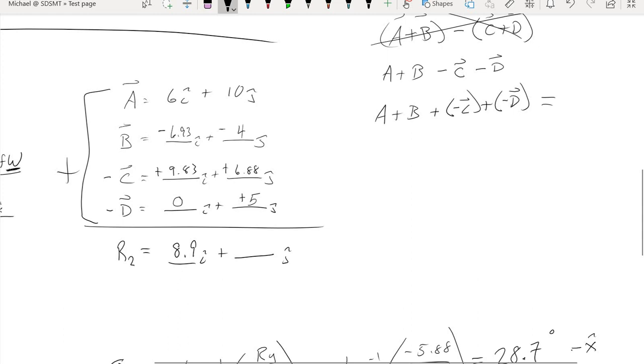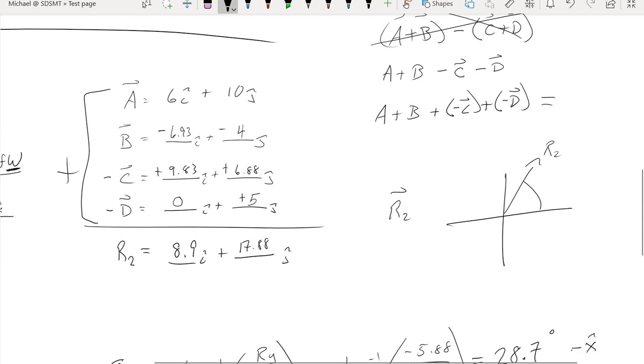And then we'll go down the y column, adding the components as they are. 10 plus negative 4 plus 6.88 plus 5 makes for 17.88. And so R2 is a first quadrant vector. I can tell that just by looking at the signs on the components.